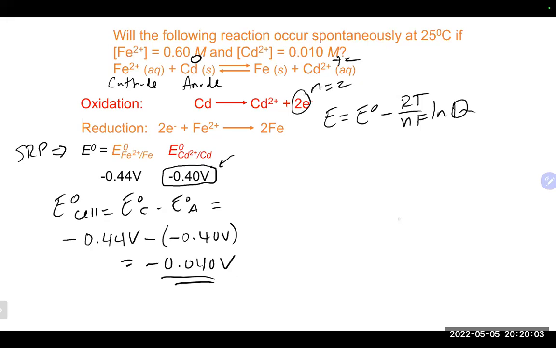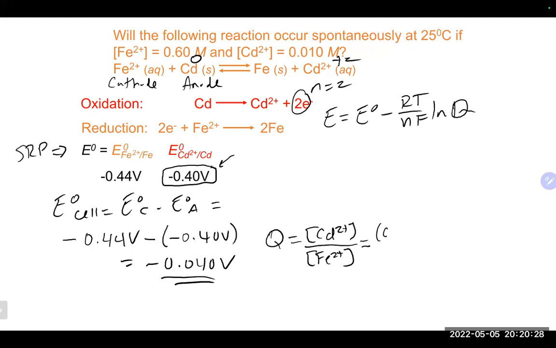And we also want to calculate Q. So Q would be our products, which should be the cadmium in this case, divided by our iron. We're not worried about the iron with no charge or the cadmium with no charge because they are solids, right? So they should not be included in here. And that's why you're only given 2 numbers.